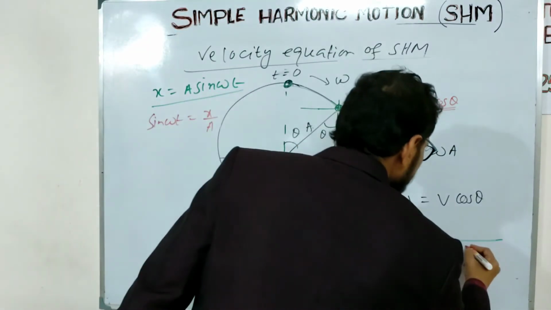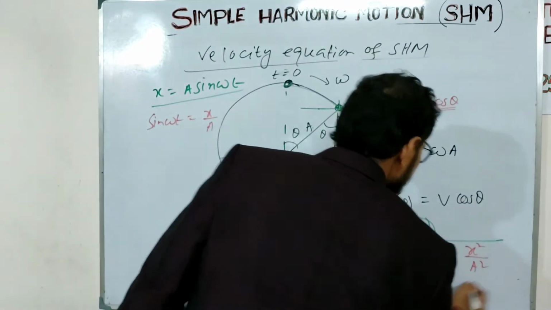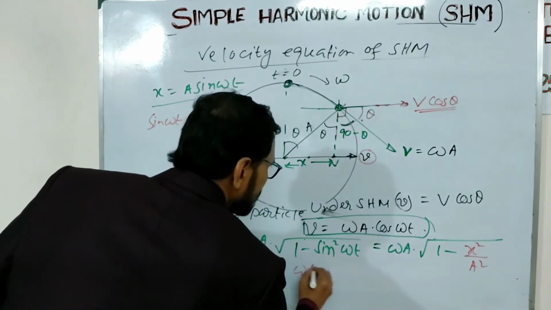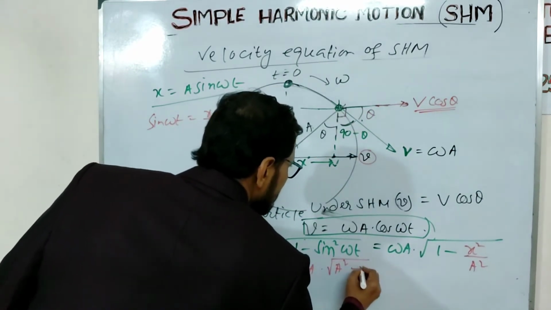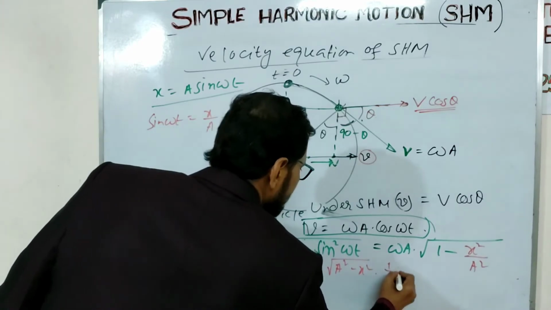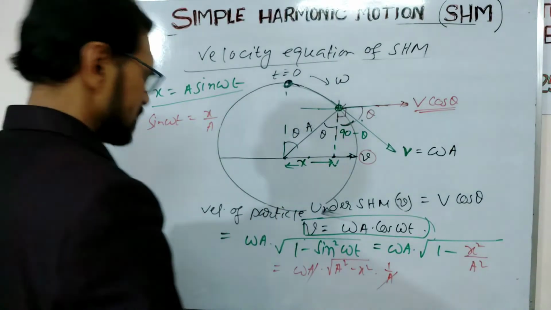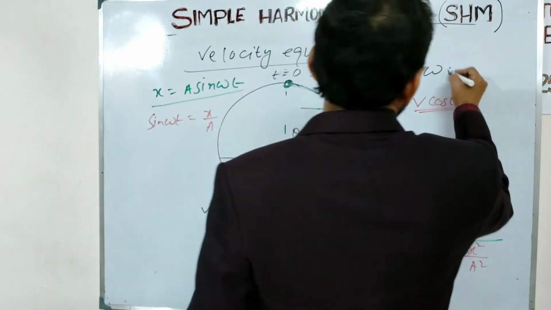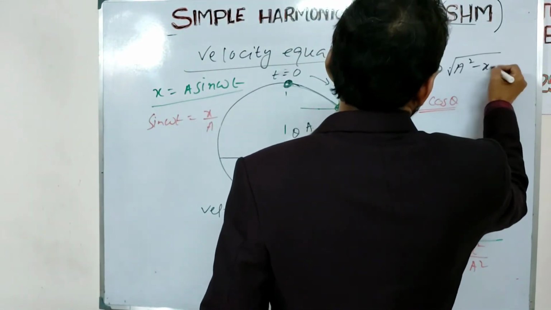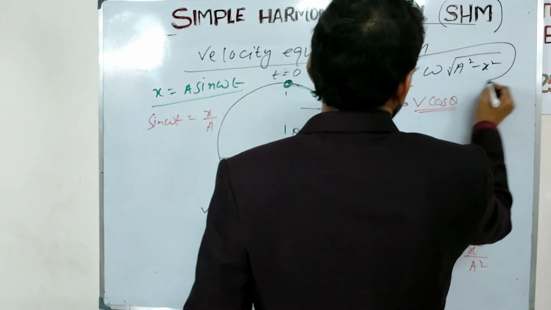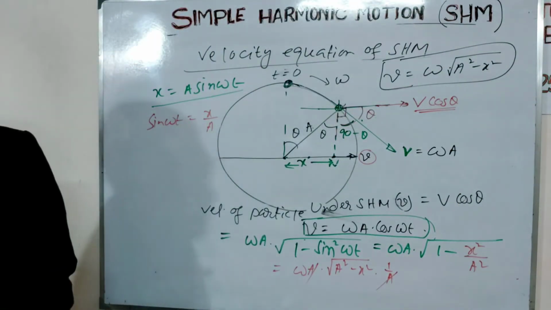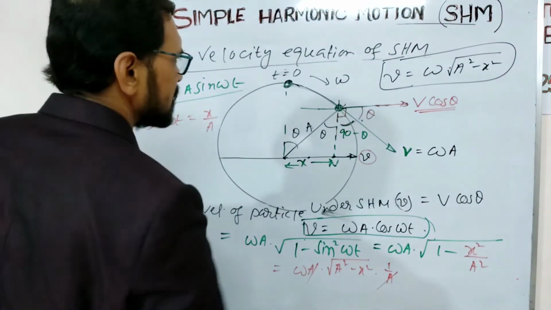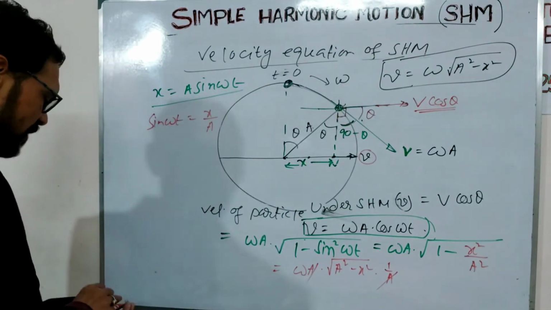So put this here: omega a into root over a squared minus x squared, 1 by a cancels, so v equals omega root over a squared minus x squared. Now this is the velocity expression.